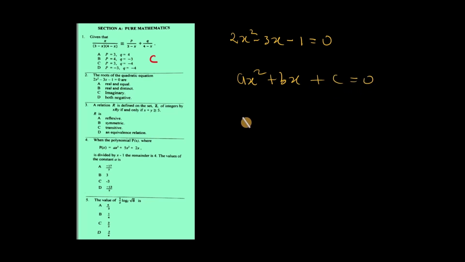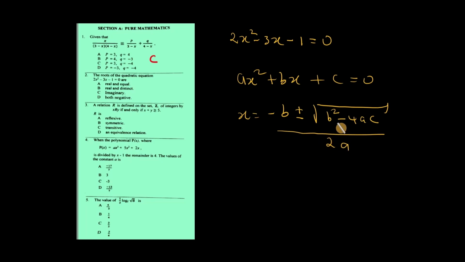I know a quadratic formula is given by x equals negative b plus or minus the square root of b squared minus 4ac, all over 2a. This expression under the square root is always called the discriminant. That is, the discriminant D is equal to b squared minus 4ac.